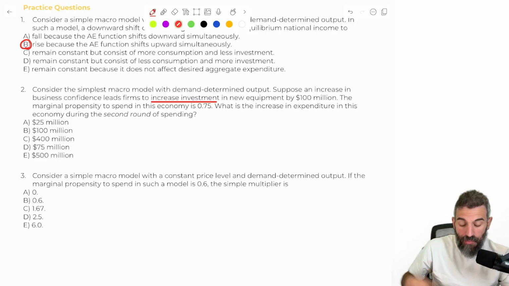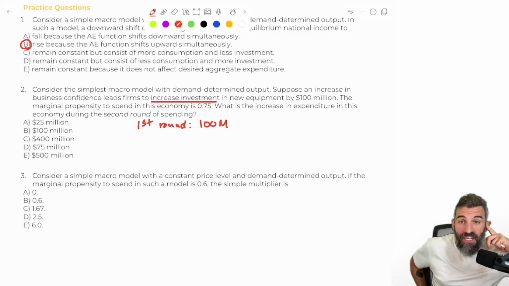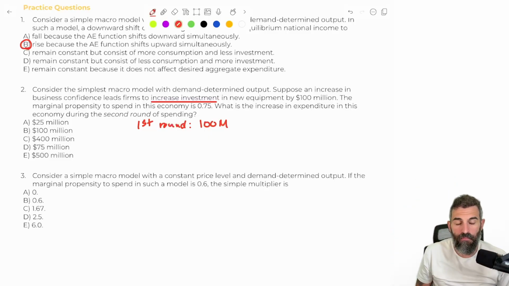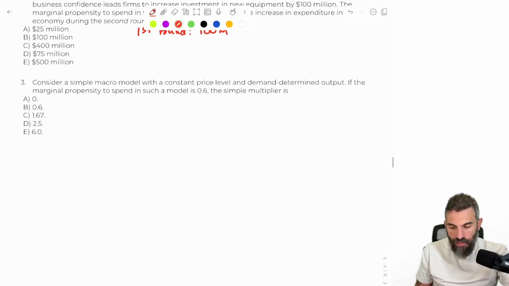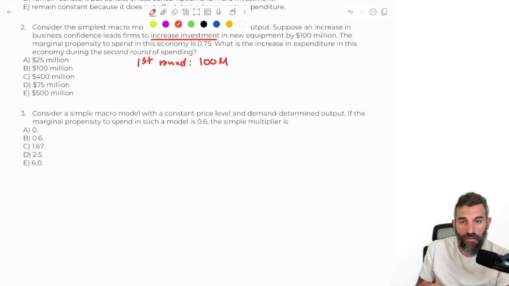When we spend $100 million more on investments, think of that as the first round of spending. Firms are going out there and spending 100 million. They're putting it into the economy. And we've talked about the circular flow of the economy and how as you start to inject money into the economy, it starts to circulate.